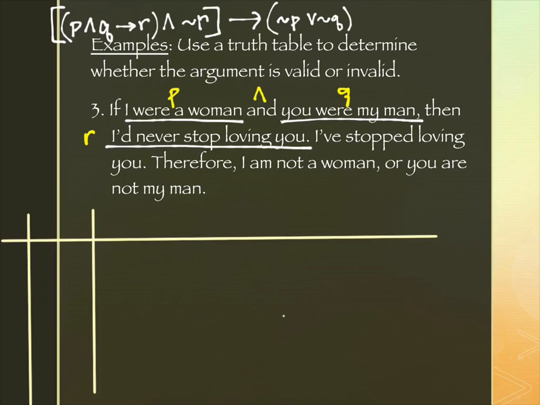This one's headers are really long, P, Q, and R. What would we have next? Oh, I skipped them. That's okay. P and Q, I actually kind of have some parentheses look funny, but that's okay. So P and Q would be next. And then what?